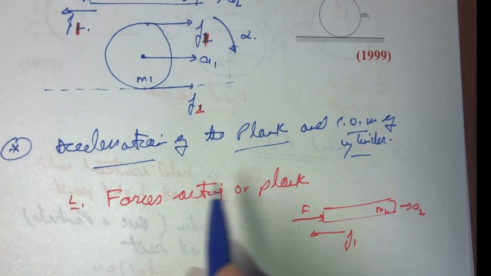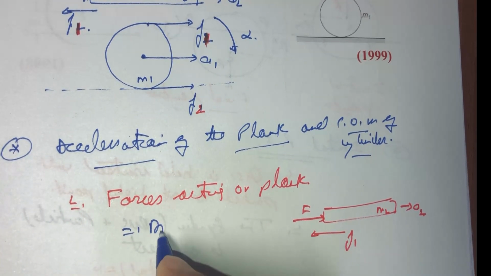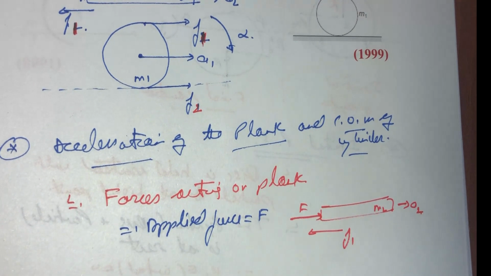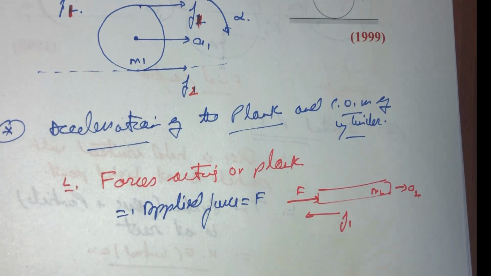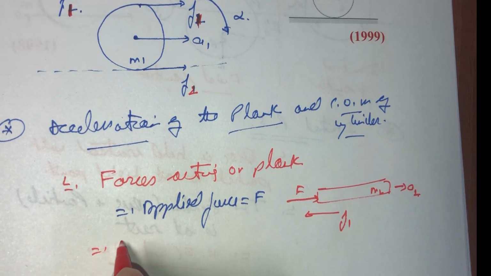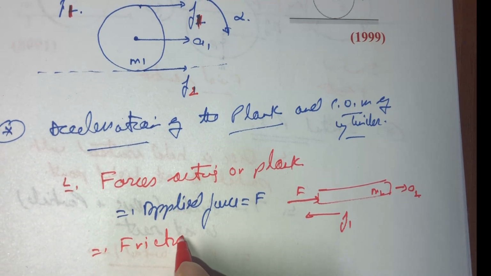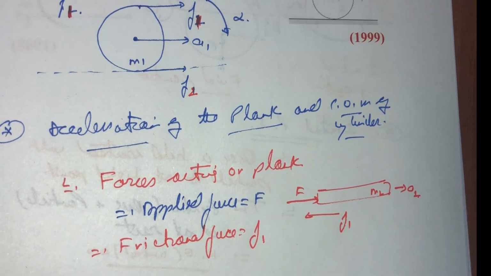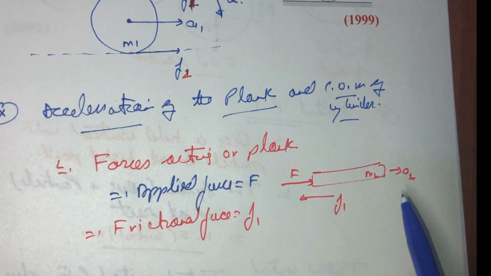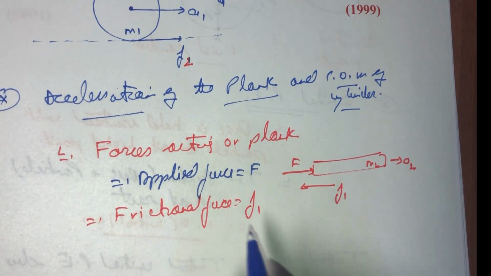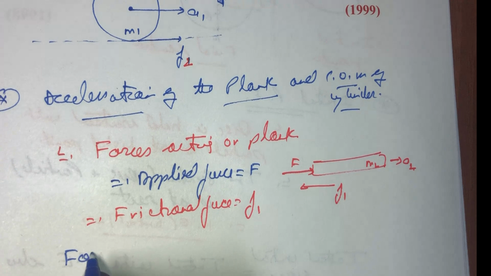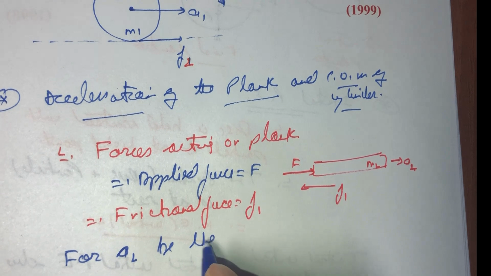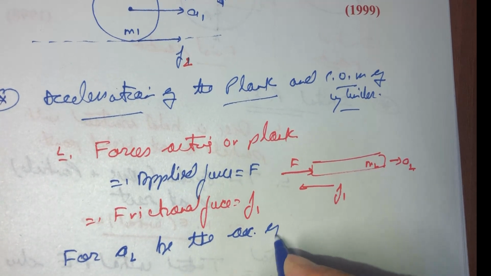So the forces acting on the plank are the applied force F and the frictional force F1, and a2 is the acceleration of the plank.